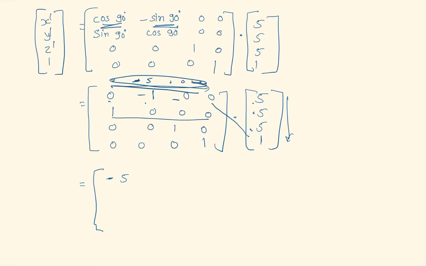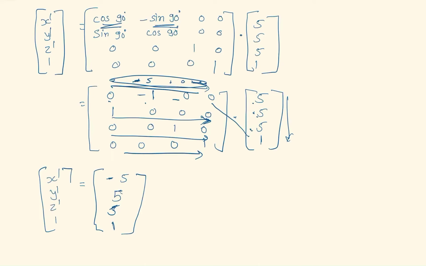Similarly the second row: 1 into 5 is 5, plus 0 into 5, 0 into 5, 0 into 1, so we get 5. Similarly for the third row and fourth row, we get 5 and 1, right? So the final answer for [x dash y dash z dash 1] is equal to [minus 5, 5, 5, 1].